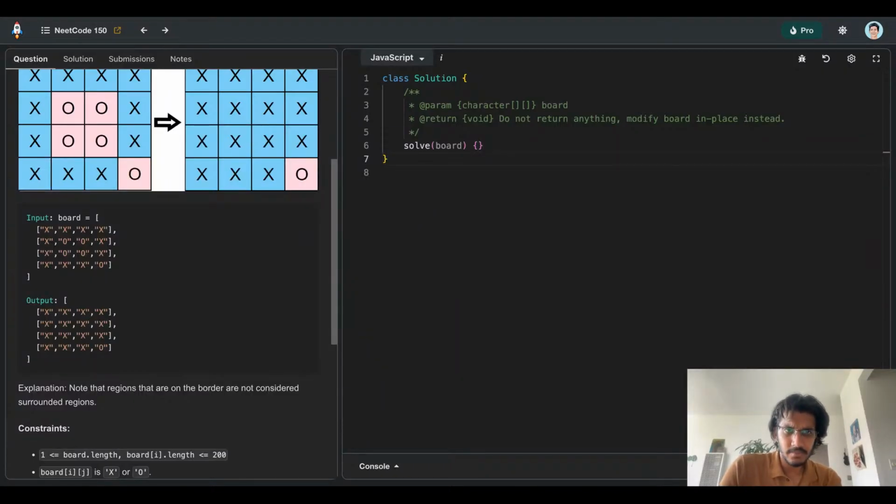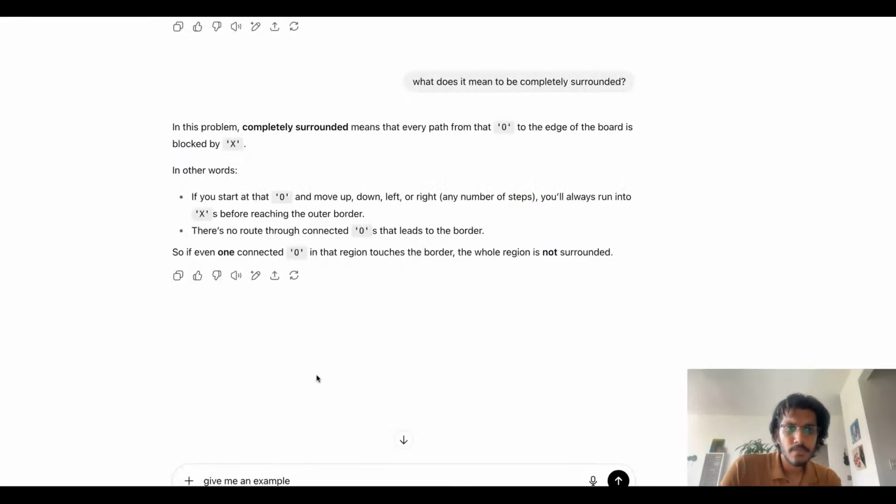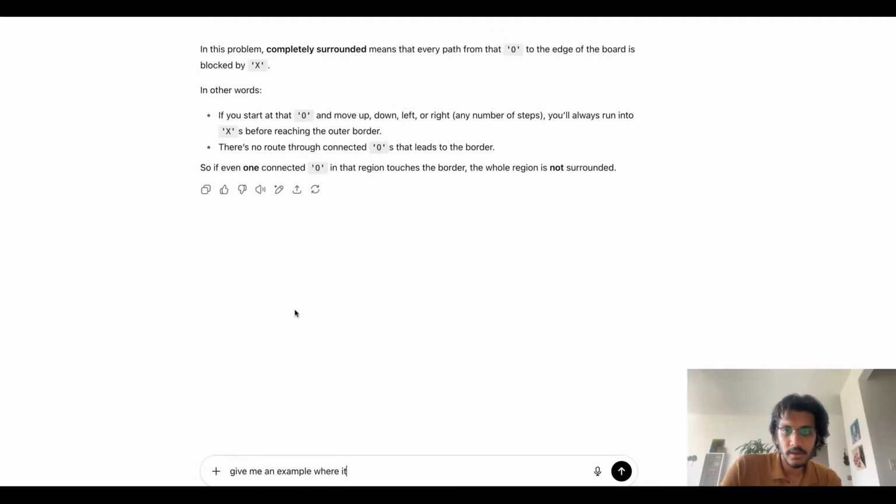Give me an example where it's not surrounded.